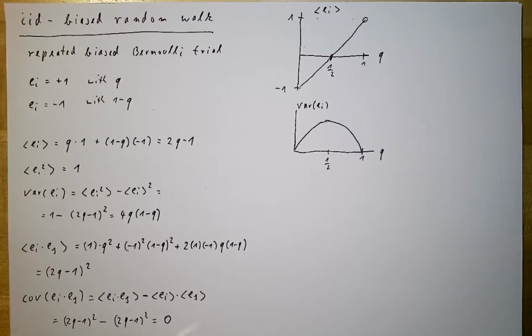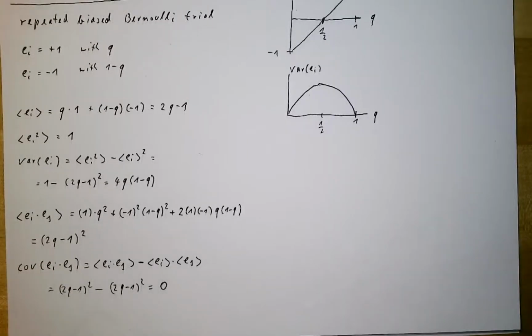So we see, okay, we know the autocovariance function as a function of i minus j: it is the variance if i equals j, and is 0 if there is a finite time difference.